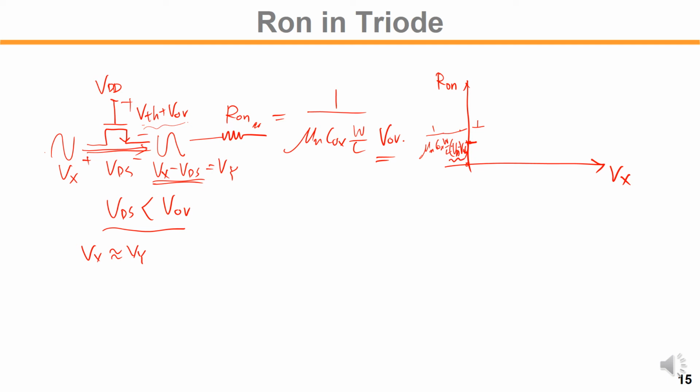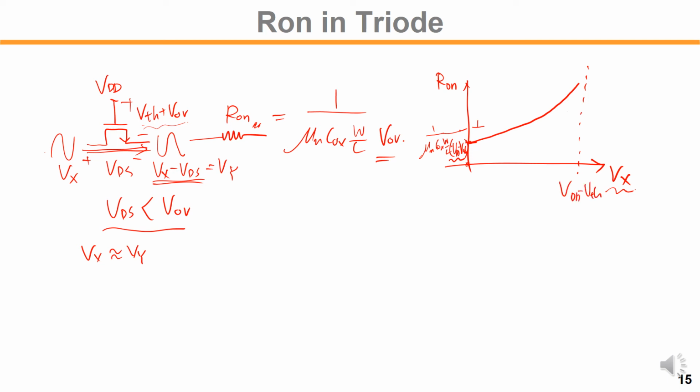This is the largest overdrive voltage we will see, so we will get the smallest resistance. But if we drive Vx to a higher voltage, then the overdrive voltage goes down, so the actual resistance value will move like this. Where is the limit? The limit is VDD minus VTH.